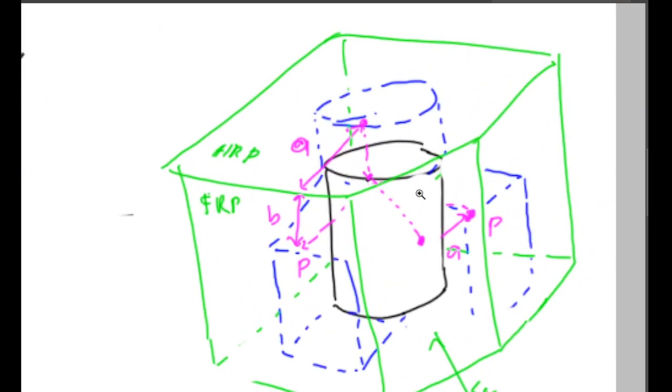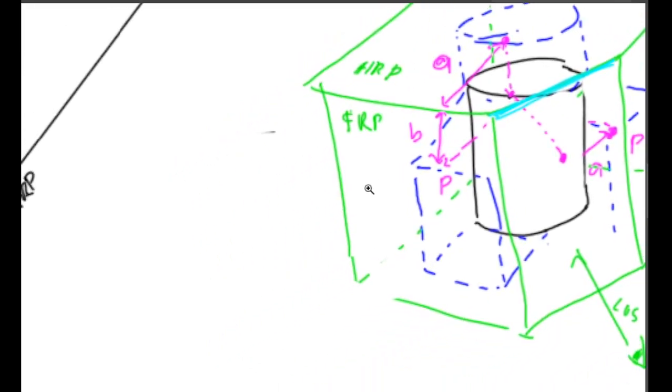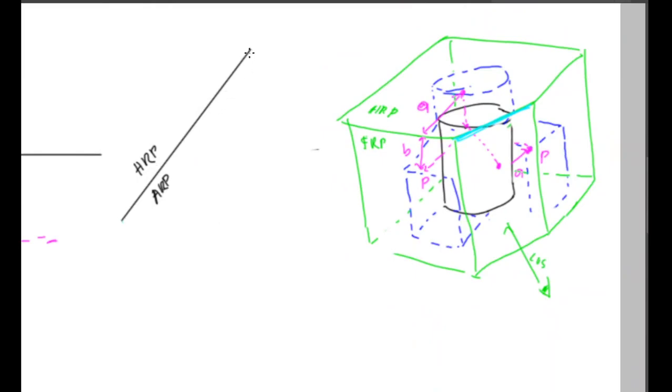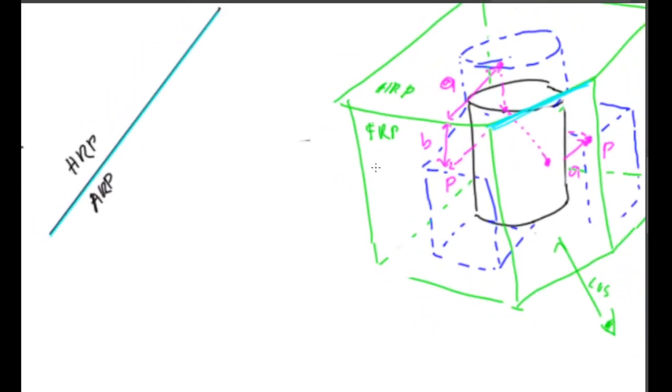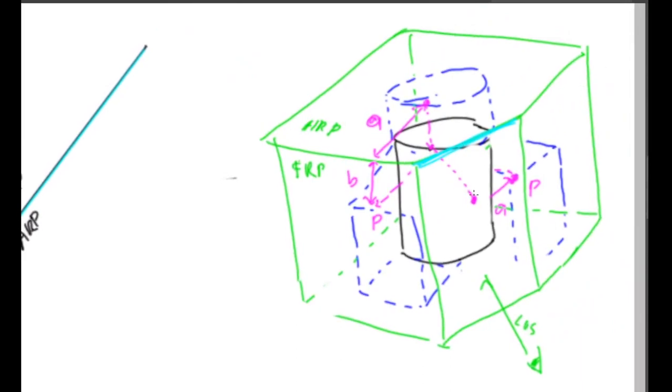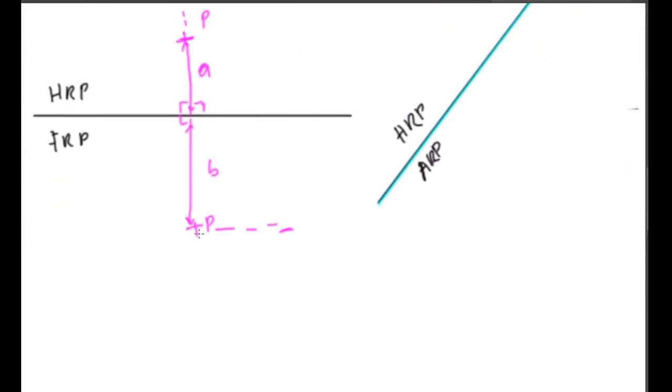If we look at the glass box, this folding line right here is this folding line here. The distance of P from the folding line is equal to B, which is the distance from this point to this folding line.